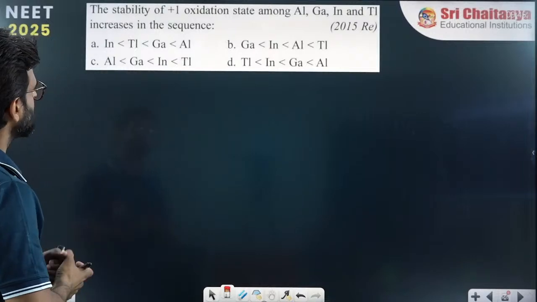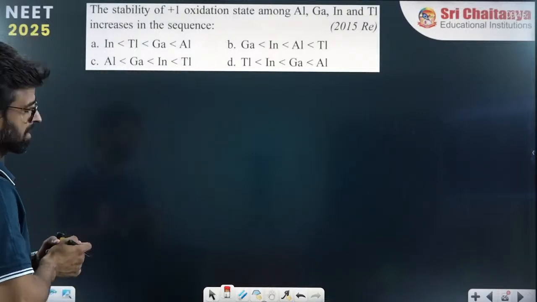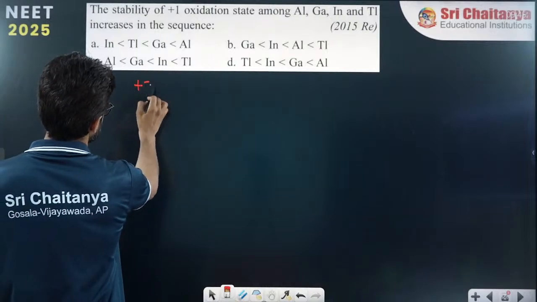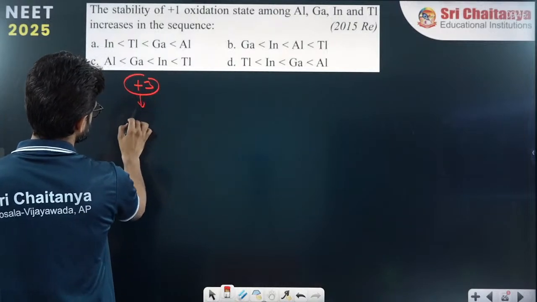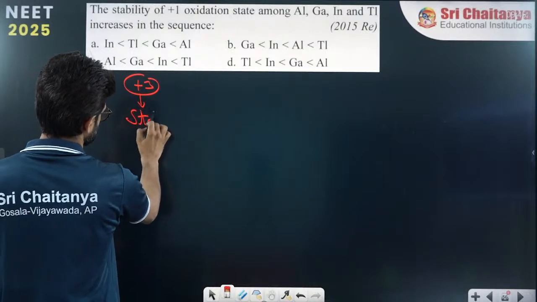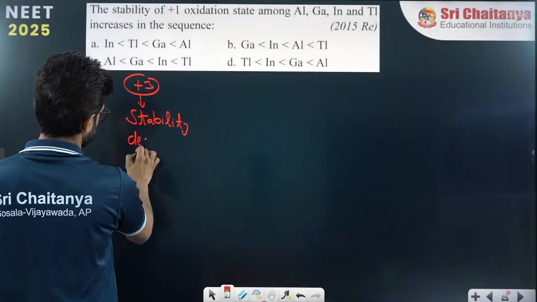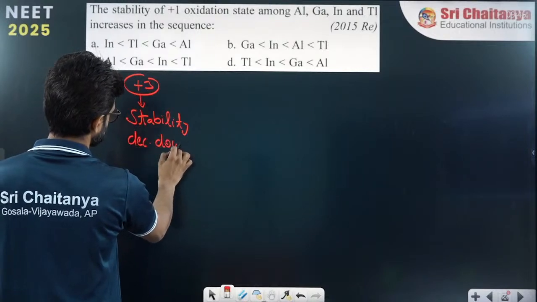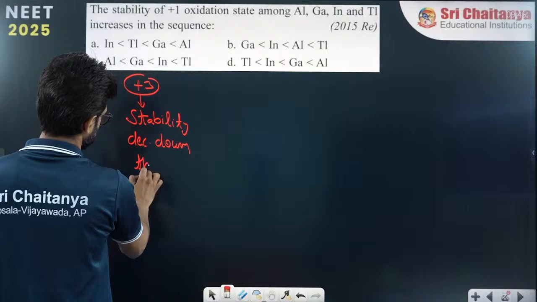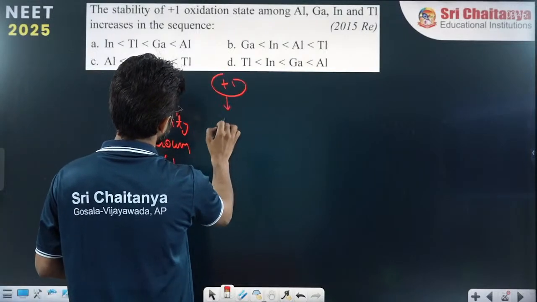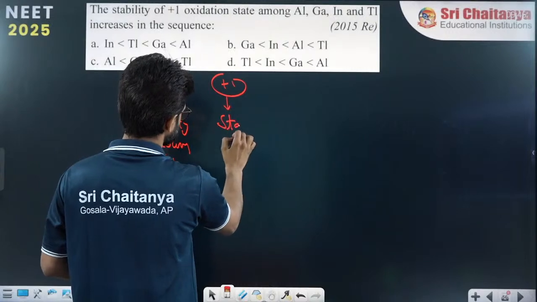The stability of the +1 oxidation state among the following. We know that by the inert pair effect, +3 stability decreases down the group. Whereas +1 stability increases down the group.